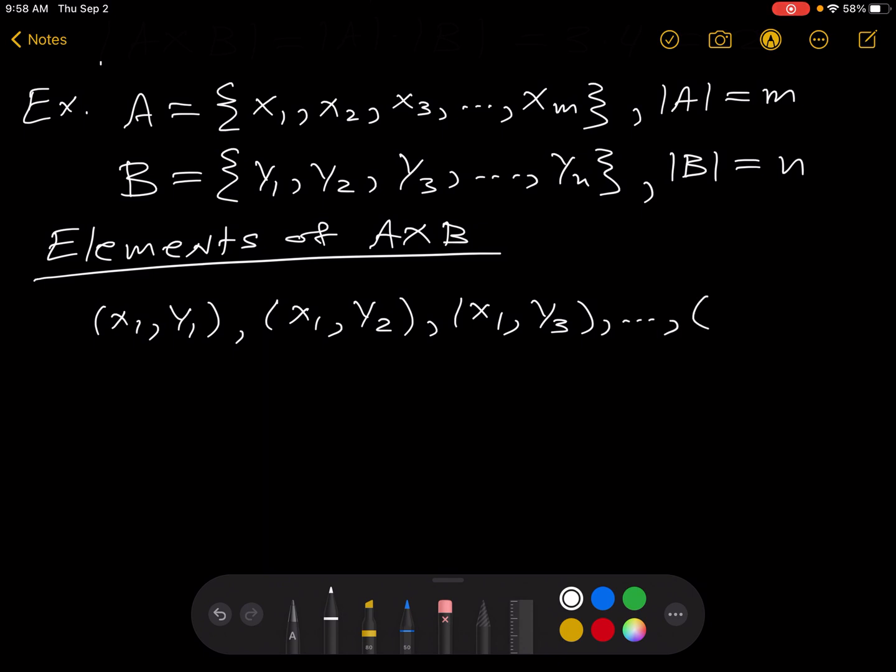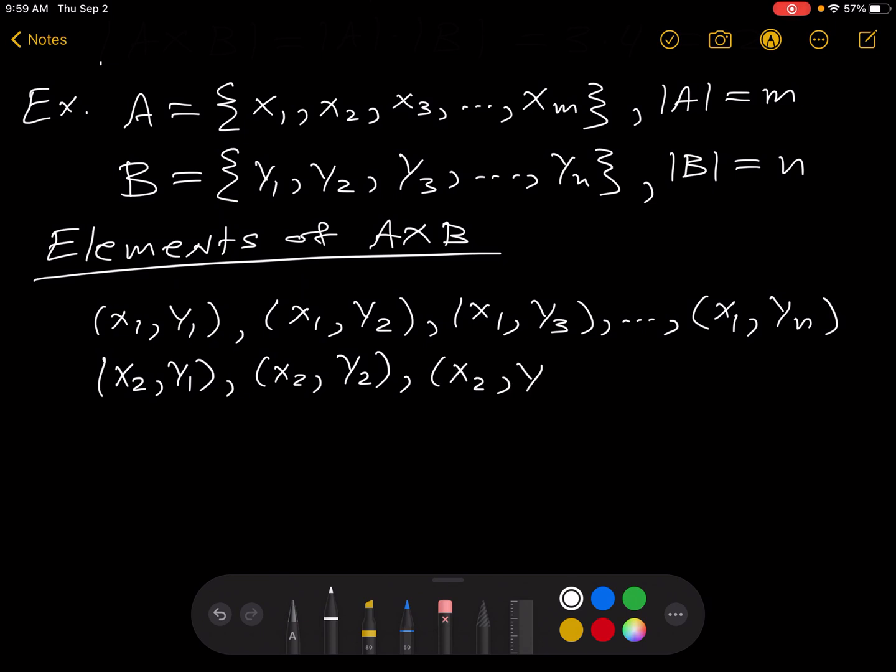And we just keep doing this up to x1 going up to yn. Okay, so now we've exhausted all of the ones whose first coordinate is x1. Now x2, y1, x2, y2, x2, y3, up to x2, yn.